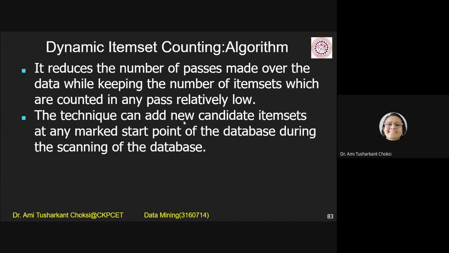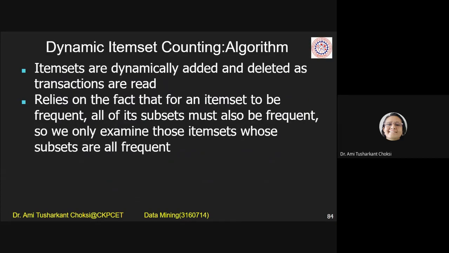The technique can add new candidate item sets at any marked start point of the database during the scanning of the database. Item sets are dynamically added and deleted as transactions are read.